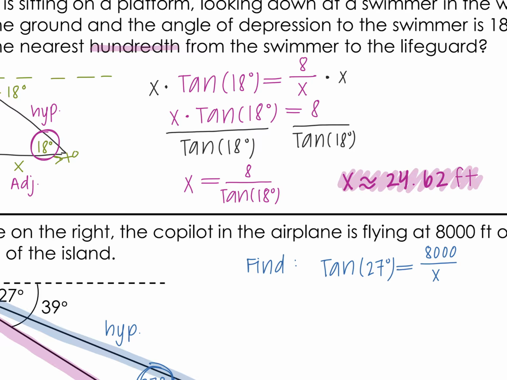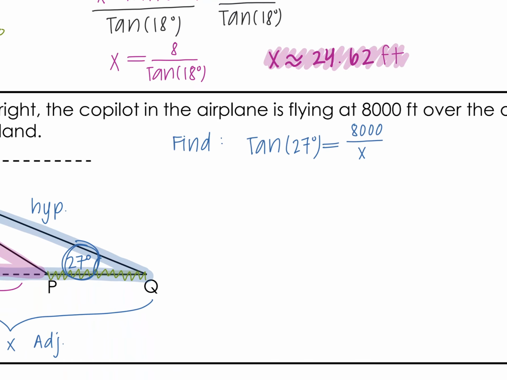Okay, so for the problem we are currently working on, if I apply that trick, I'm going to move my x over here to the left side. And once I do that, I'm going to have that 8,000 divided by whatever I replaced it with, so that tangent of 27 degrees.